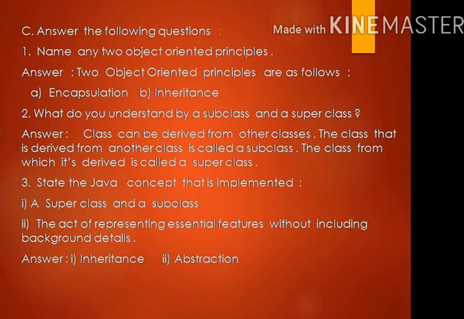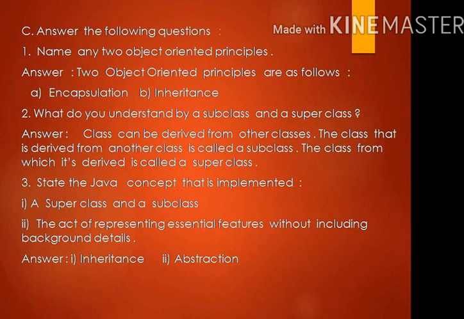Question number 2. What do you understand by a subclass and a superclass? Answer. Class can be derived from other classes. The class that is derived from another class is called a subclass. The class from which it's derived is called superclass. Number 3.